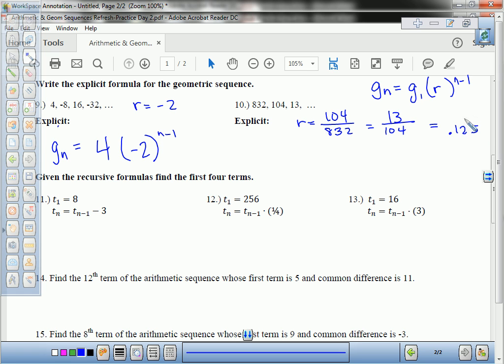Now your teacher may hit the math fraction enter button. What is the fraction for 0.125? 1/8. So you might see it written as 0.125, you might see it written as 1/8. So g sub n equals the first term, 1/8 or 0.125, either way, to the n minus 1.